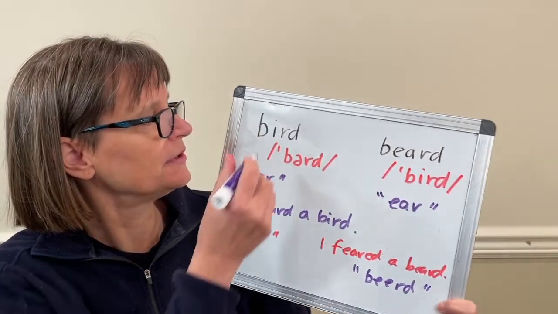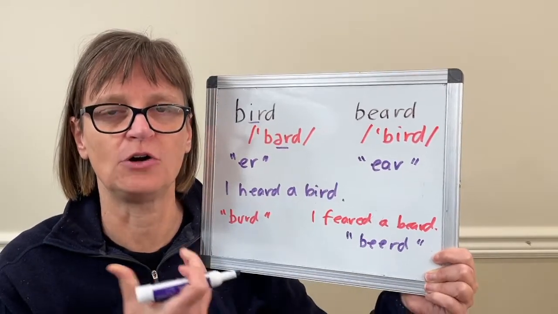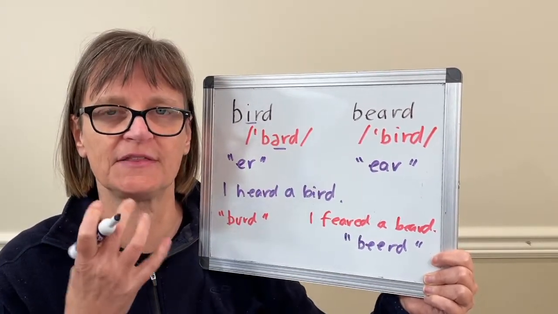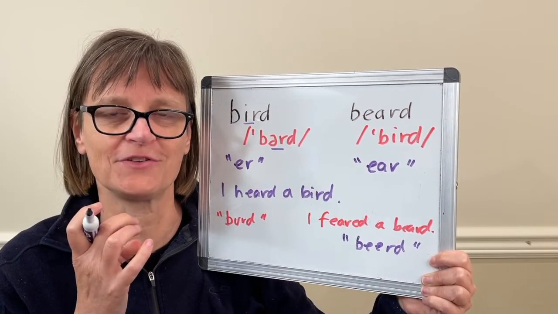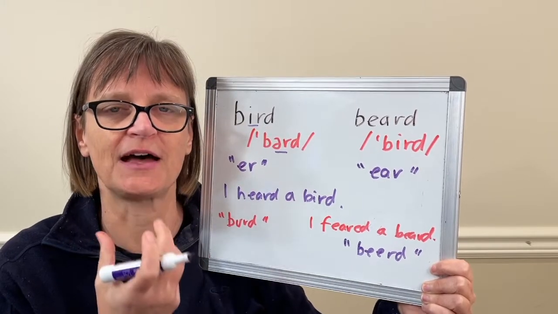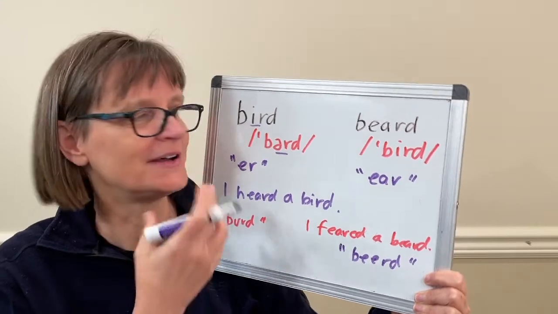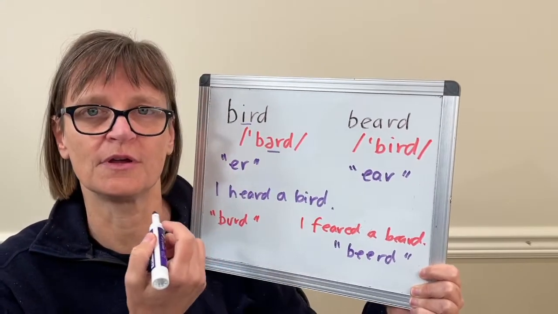So the word bird, the letters IR say the vowel /ɝ/. This is basically the same as the R sound in other parts of words, but in American English, it is how we say letters ER at the ends of words, and also this sound in the word bird.